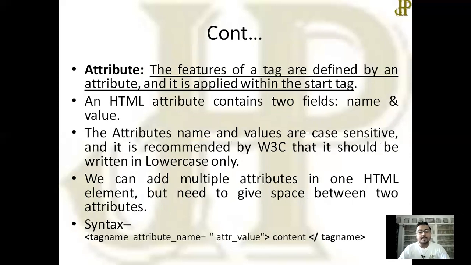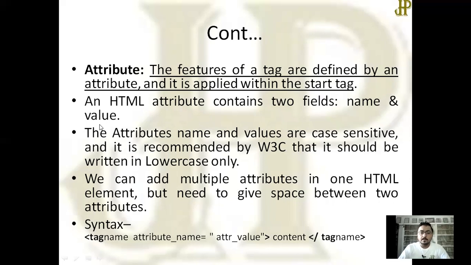Next one is attribute. As the name suggests, the features of a particular tag are defined with the help of various attributes of that tag. An HTML attribute contains two fields, name and value.